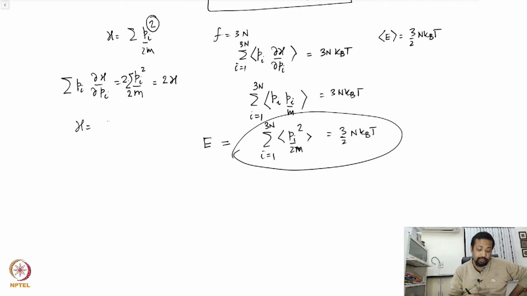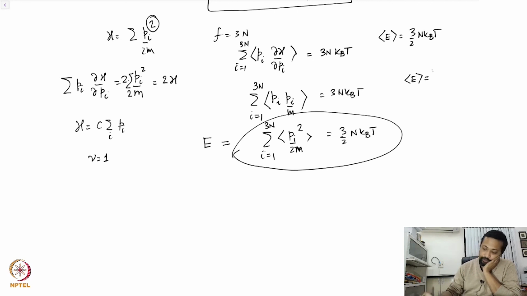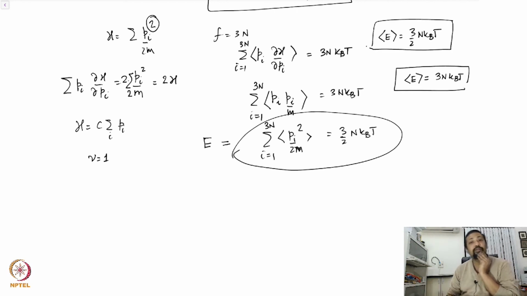If I had H as the sum over i of c p_i, then your ν is equal to 1. It's a homogeneous function of degree 1, and the average energy is going to be 3N k_B T. The result that we derived so laboriously a little earlier, right?